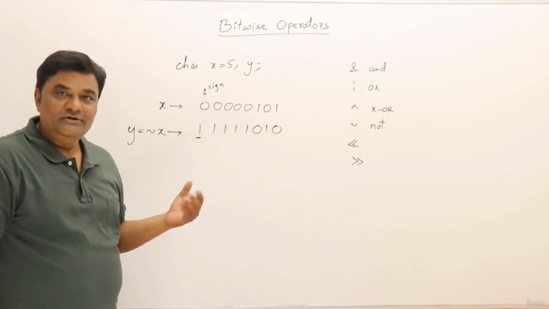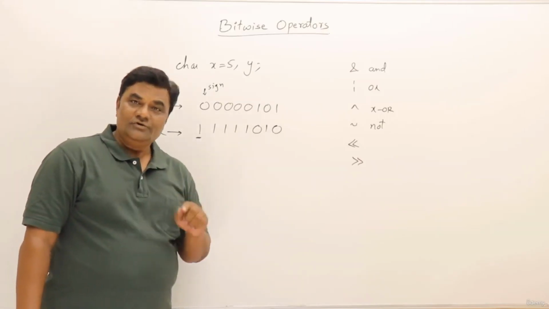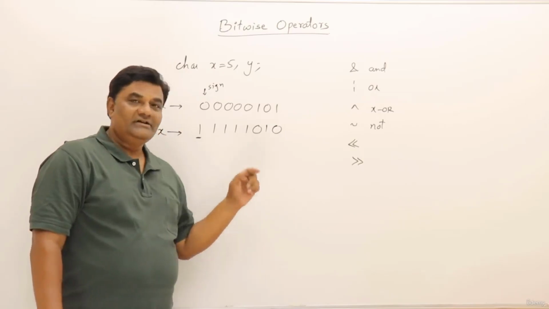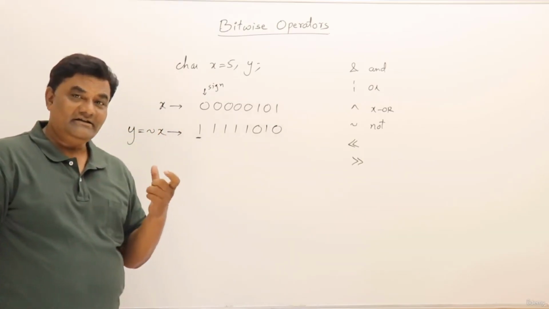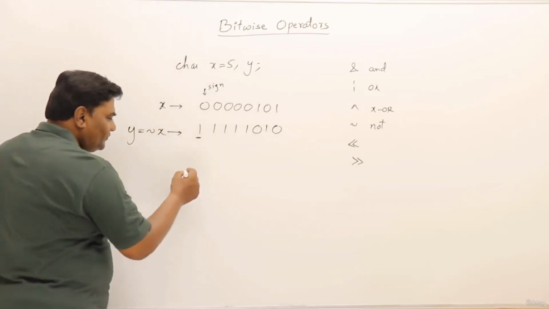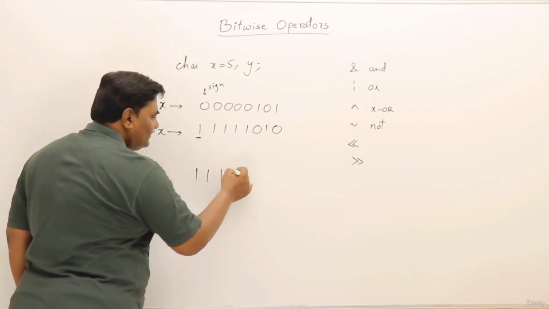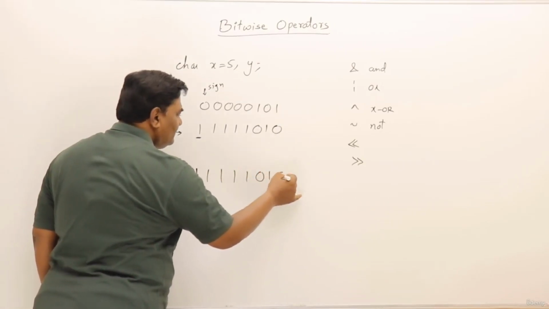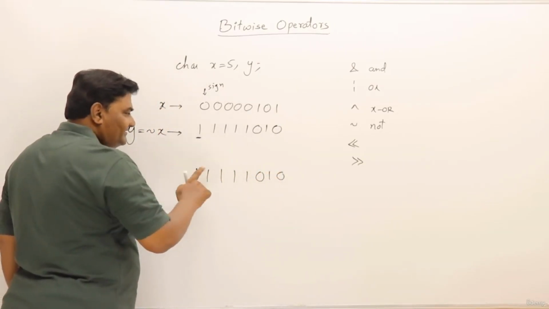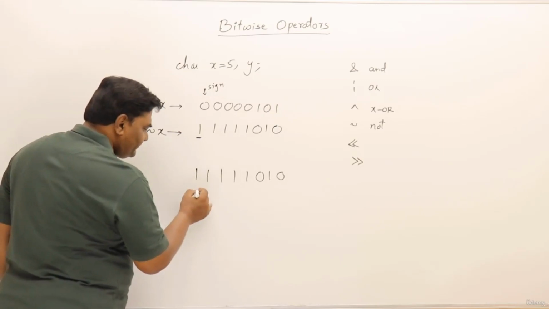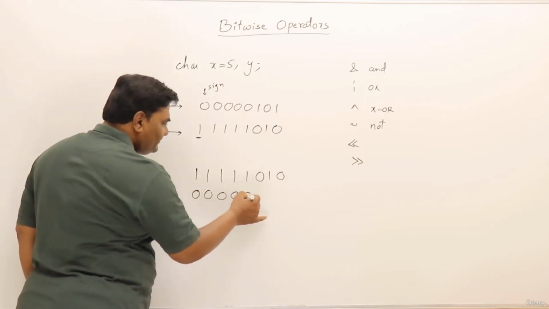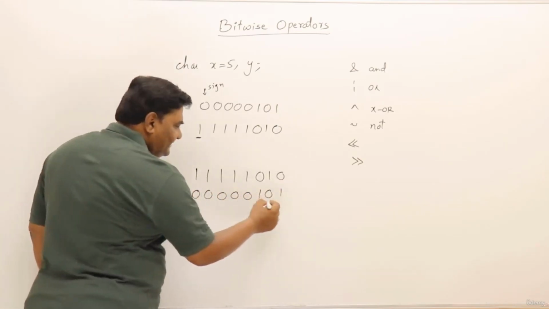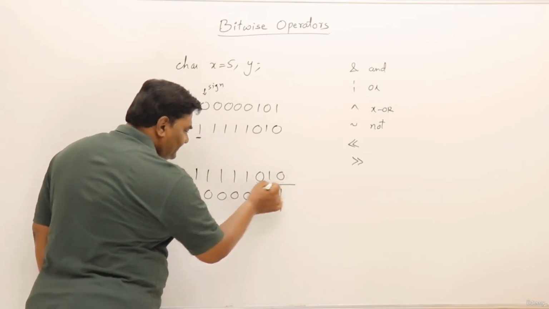Then what is the value in decimal form? So to know the value in decimal form, I should convert it into 2's complement, then I can get the value. So let us convert into 2's complement. First convert zeros to ones and ones to 0. So this is 0, 0, 0, 0, 0, 1, 0, 1. Then add 1 to this number.